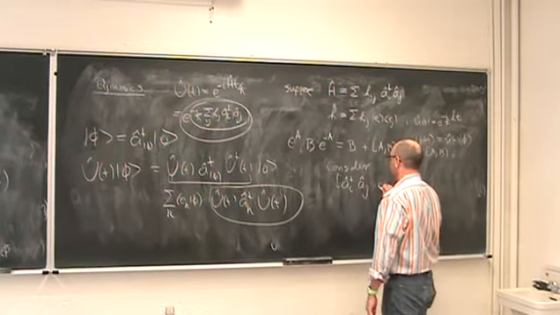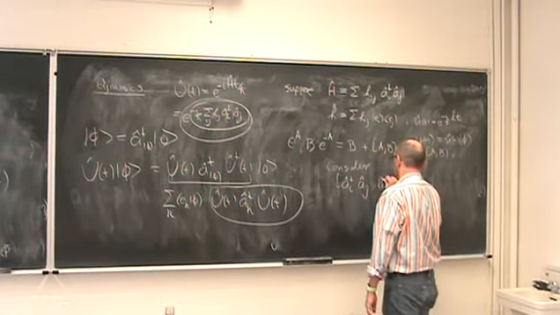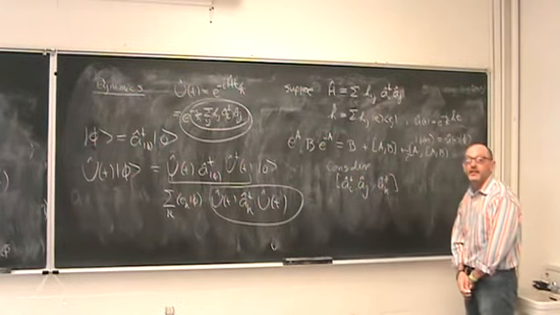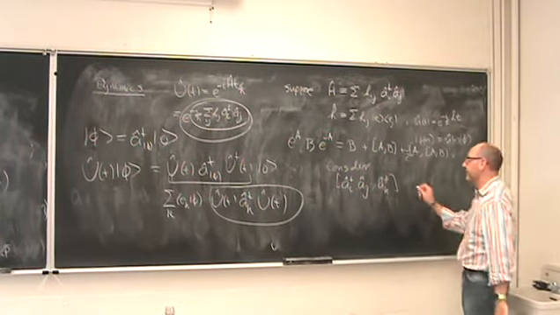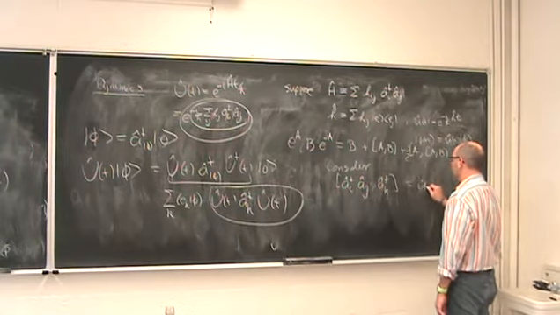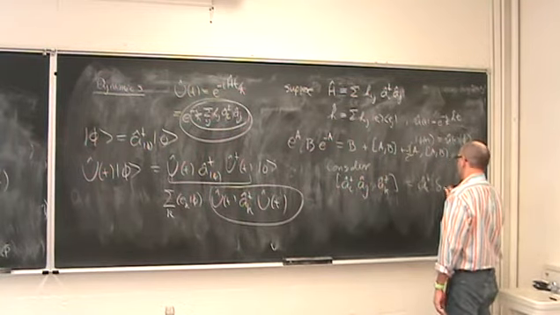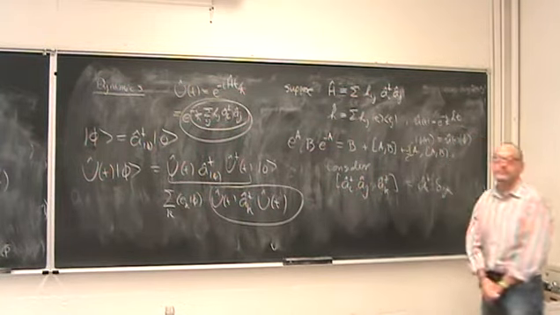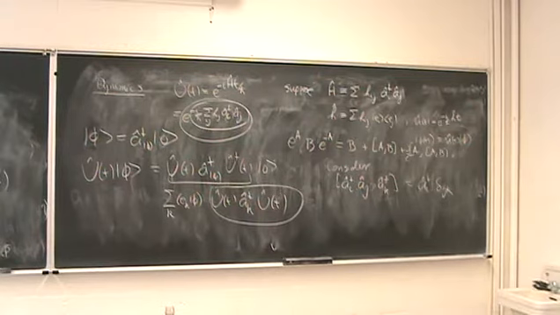What we showed last time, it doesn't make a difference. We showed that this commutator was equal to K_i delta_jk. And so I do it over and over and over again. And what do I get?